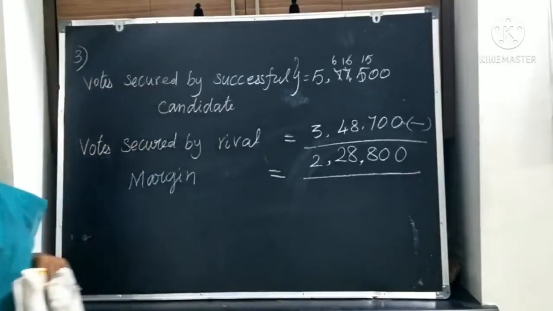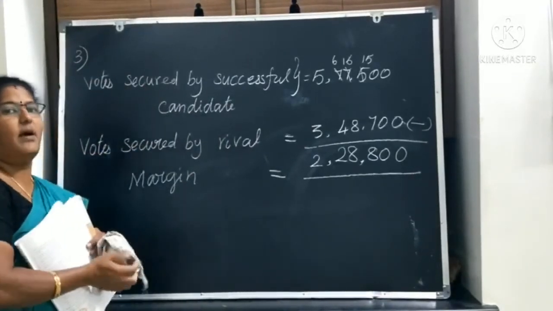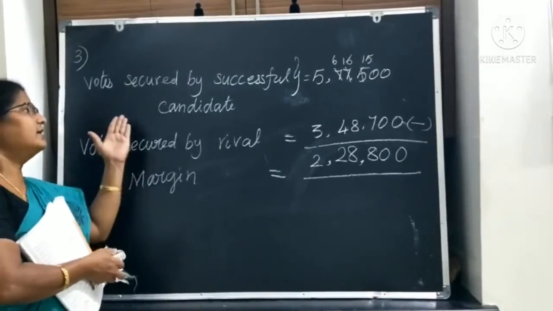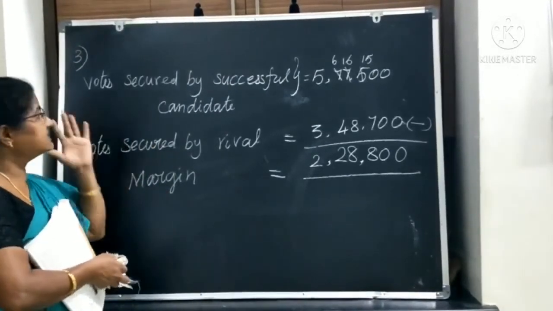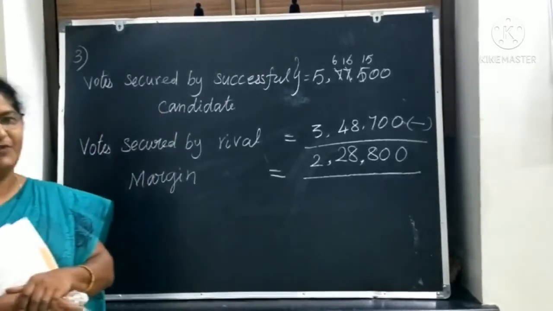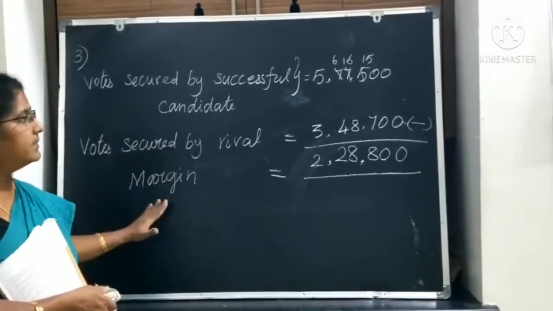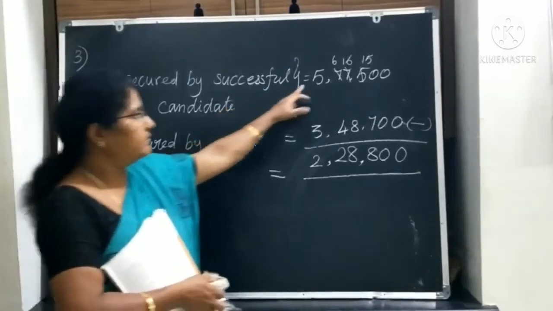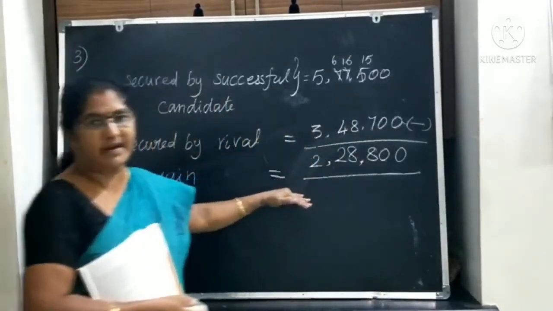So, 2,28,800 votes is the margin of votes the successful candidate secured to win. Understand? Write the numbers in columns correctly and then subtract properly.